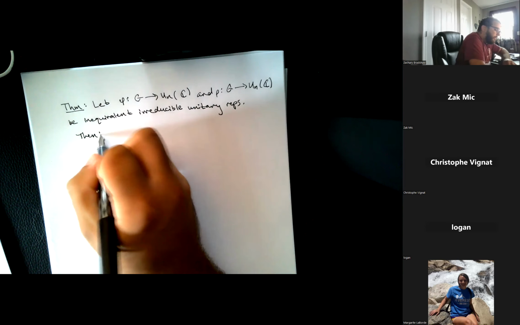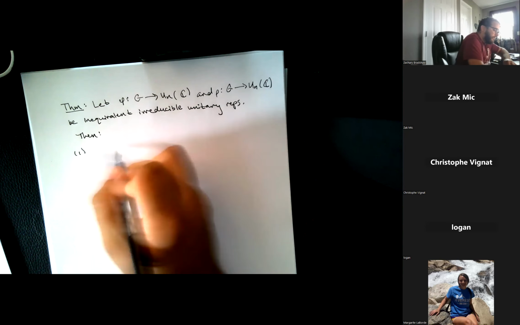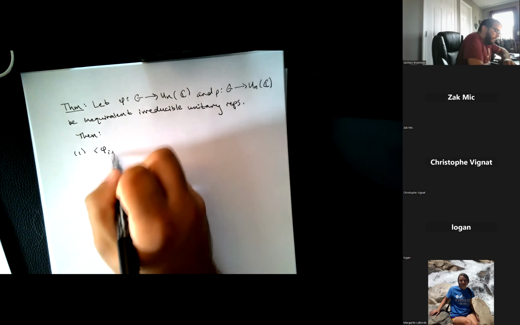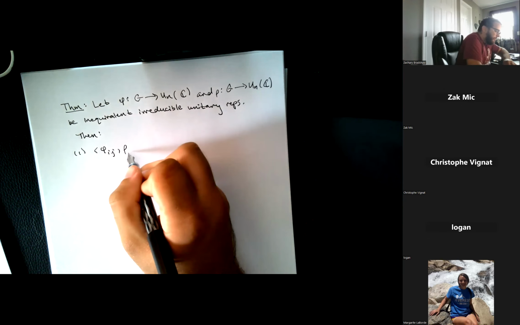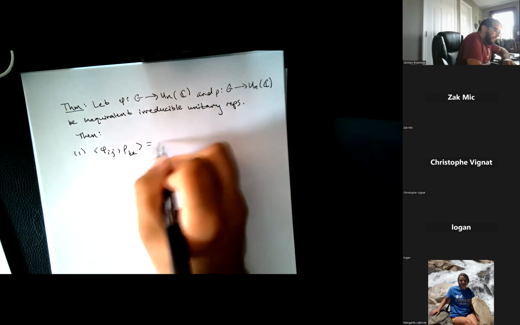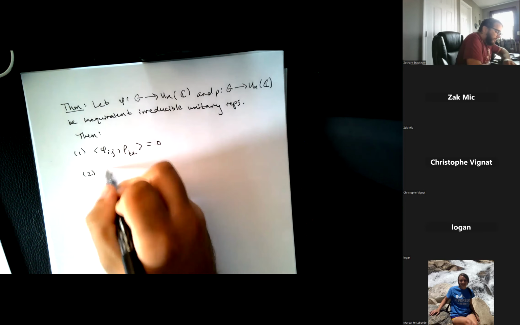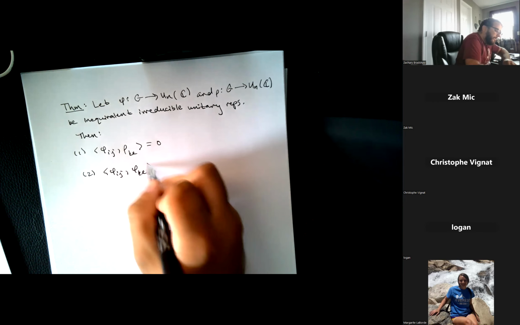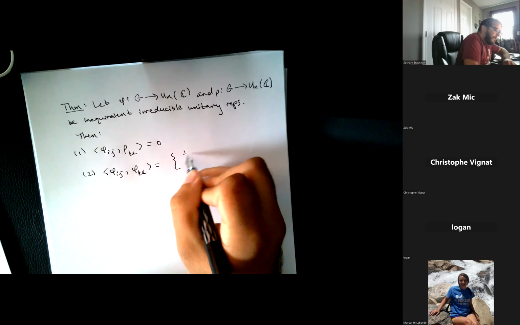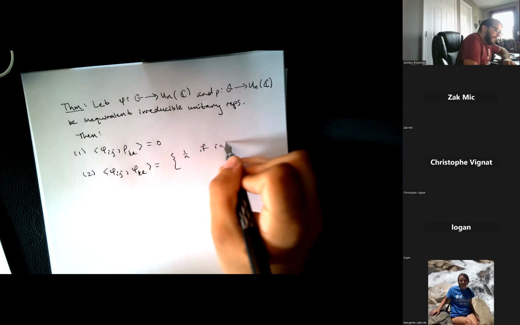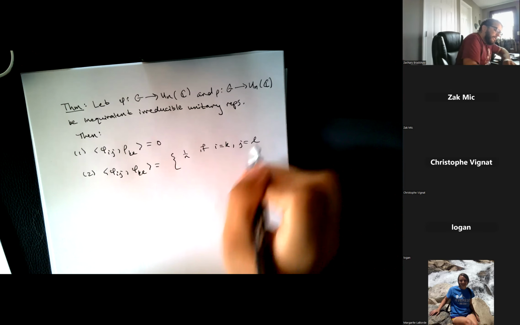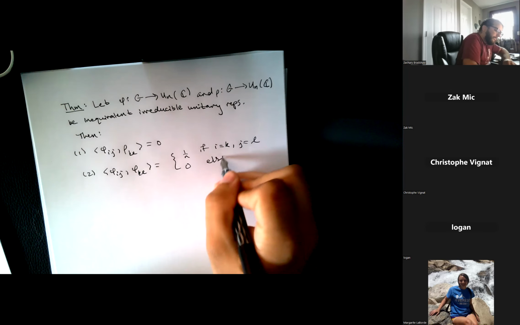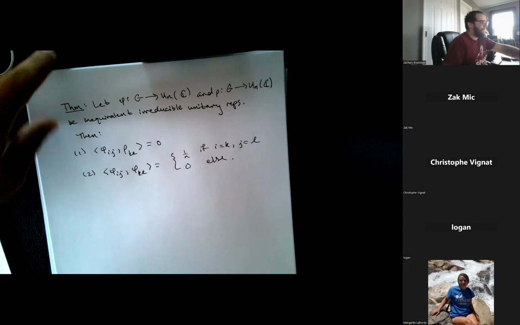Well, then the following holds. The inner product of phi_ij with rho_kl is 0, and the inner product of phi_ij with phi_kl is 1 over n if i is k and j is l, and 0 otherwise. I already wrote this out, but just so we can see it, here it is again.